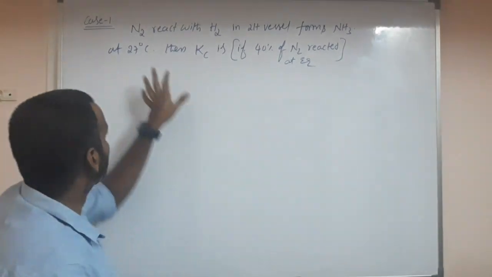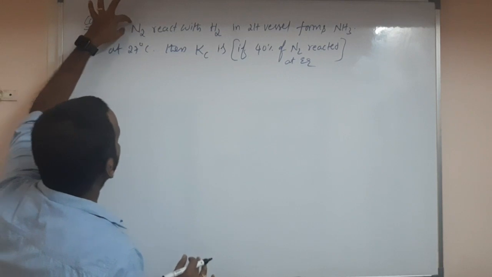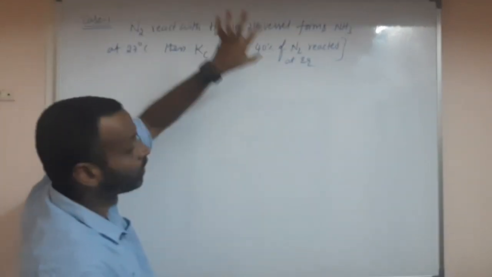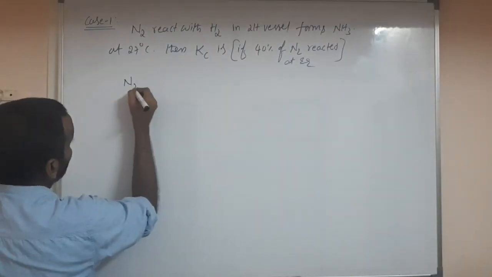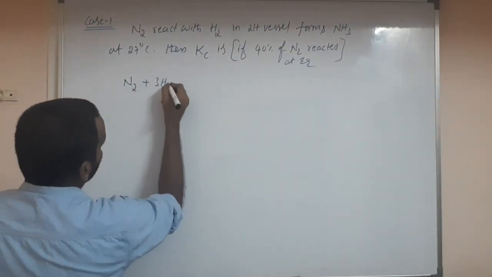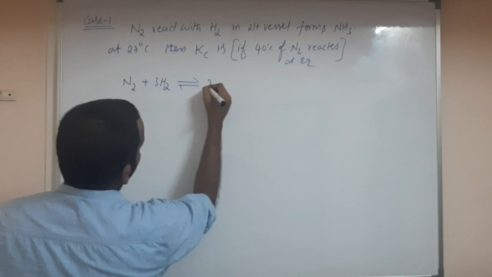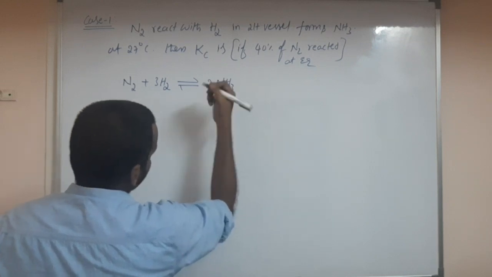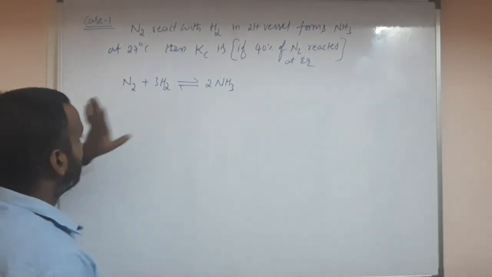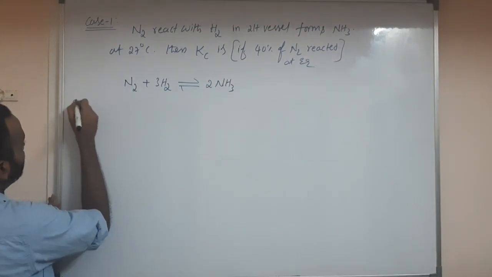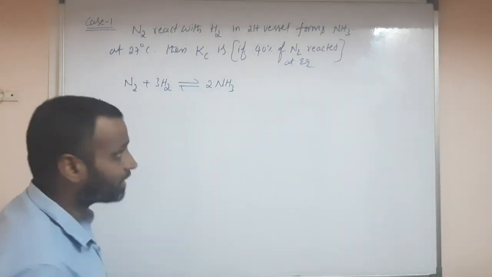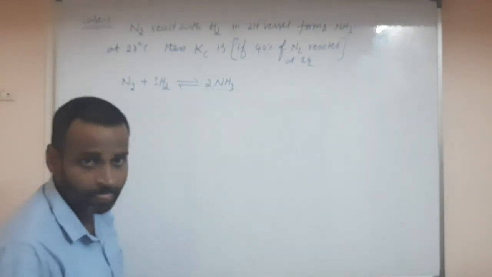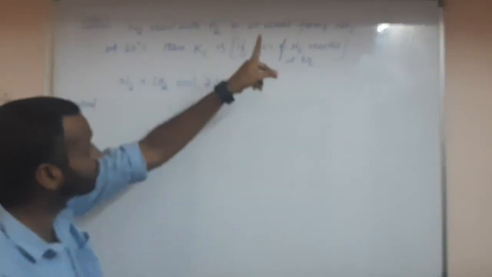That's it. Here, when it is not mentioned how many moles of N2 and H2 reacted, you have to write a balanced equation: N2 plus 3H2 equilibrium 2NH3. Initially in the numerical, is it mentioned how many moles of N2 or H2 are present in the 2-liter vessel?